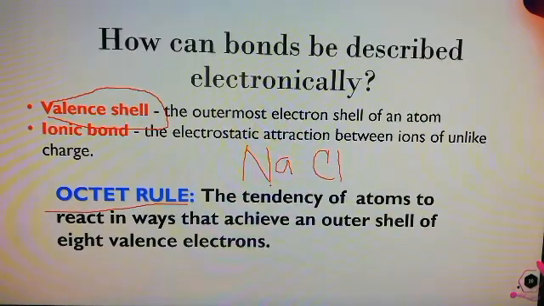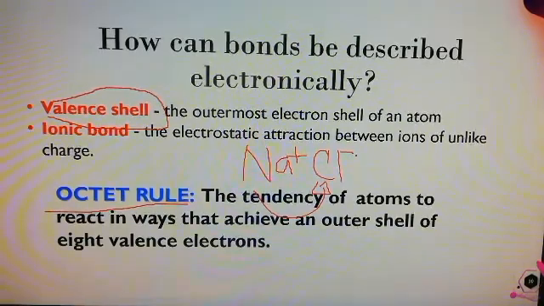Ang valence electron ng sodium natin ay 1 lang. So ang Na magbibigay siya ng electron kay chlorine. So si chlorine magigain siya ng electron. So pag nag-lose ng electron, nagkakaroon ng positive na sign. Pag nagigain naman ng electron, nagkakaroon ng negative sign, nagiging anion siya.